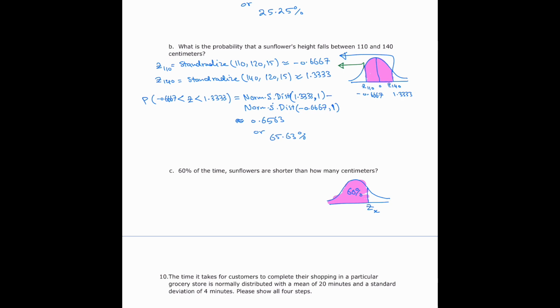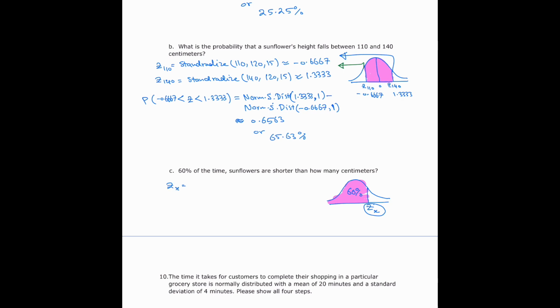Sunflowers are shorter than that length, which means we're looking at the area below that z. Because we have the area to the left of that missing z, we're going to use the inverse function. If we have the area to the right, then we need to find the area to the left first, and then we can find the area to the right.